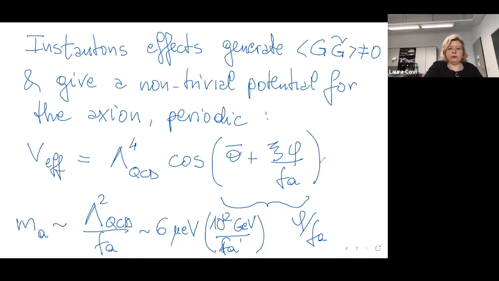Now, later on, we will also write this potential in a slightly different form, but this is exactly how it is generated. Here I just want to mention something of historical importance. Originally, the paper of Peccei and Quinn did not really realize that they also had a physical field. They were only looking at the behavior of the vacuum expectation value, and mostly arguing that you can cancel the theta bar, but they did not realize that they had an additional degree of freedom. One has to say that in the 70s, the Goldstone theorem and all these things were not completely known to everybody, and were not as standard as today.